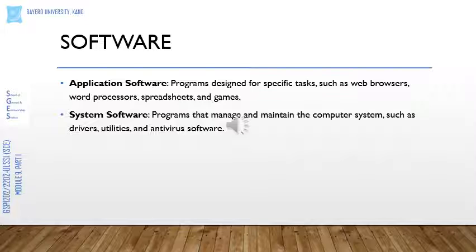It is built to tell the computer how it should operate. We have different types of application software, and also different types of system software. Note that today there is much more application software than system software.